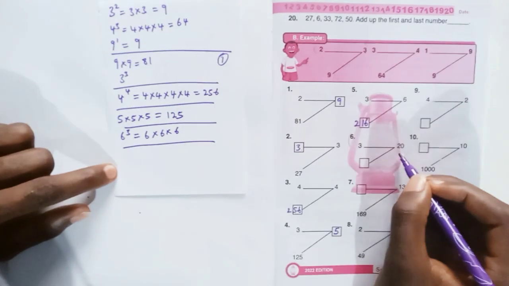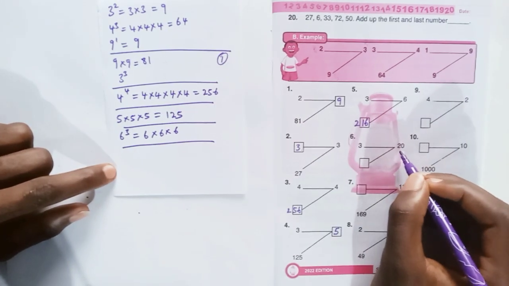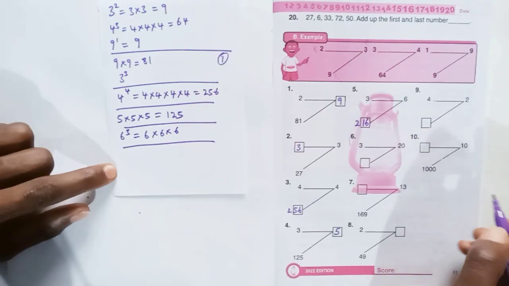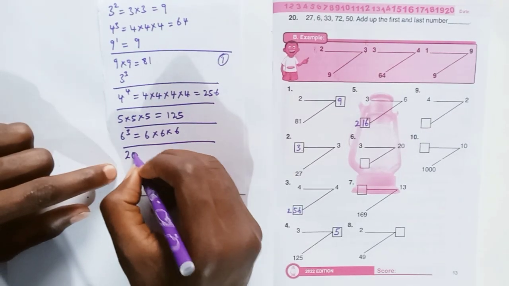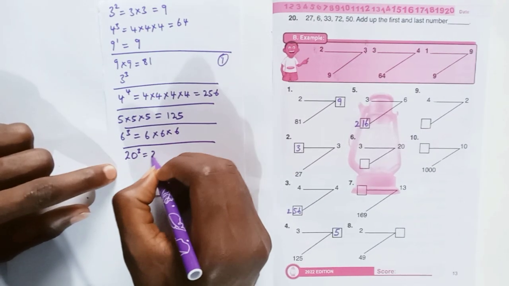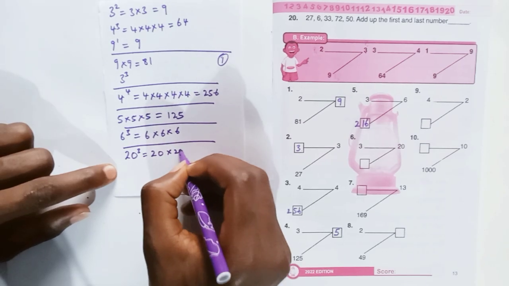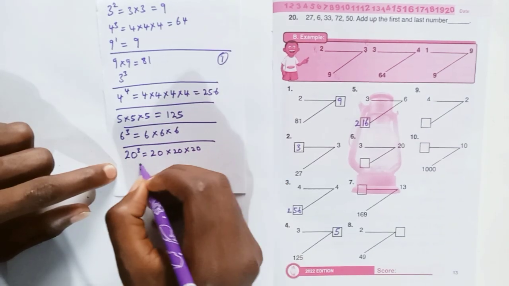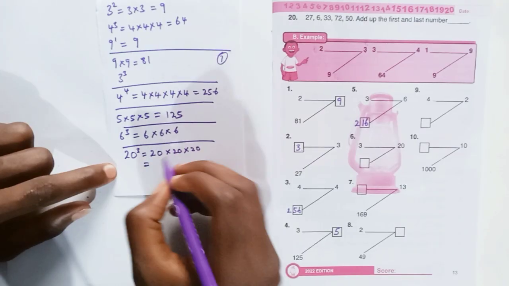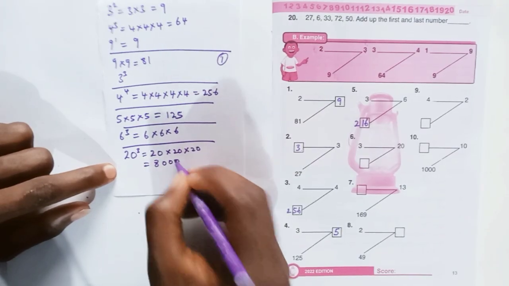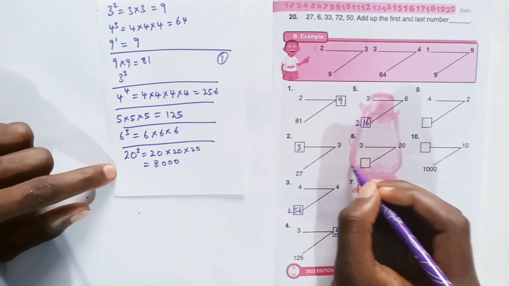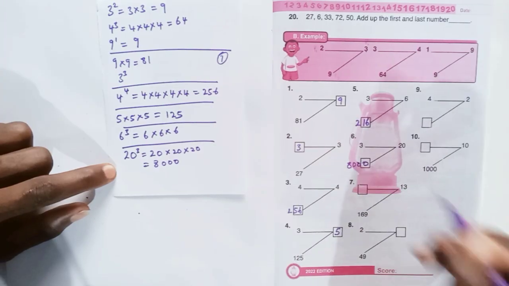Number 6 now will be 20 raised to the power of 3 gives what? So 20 raised to the power of 3, which is the same thing as 20 times 20 times 20. So that will be 8,000. Okay, so this one is 8,000.